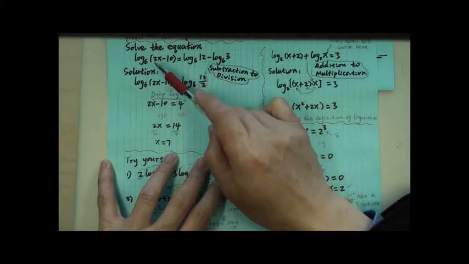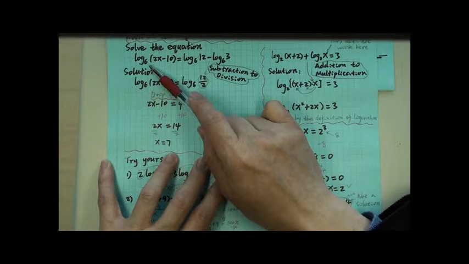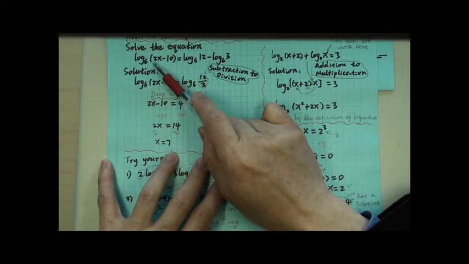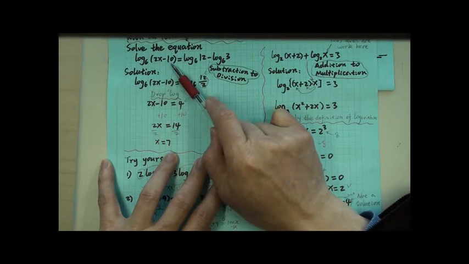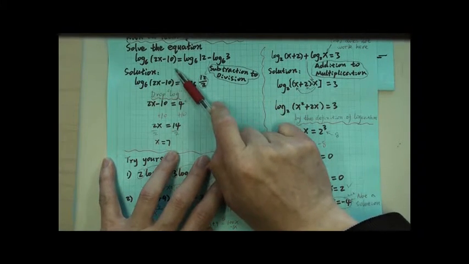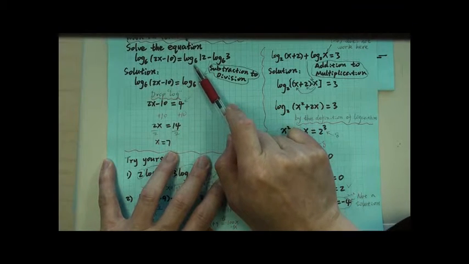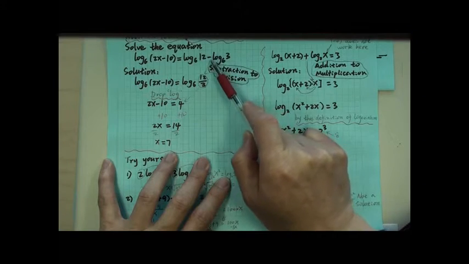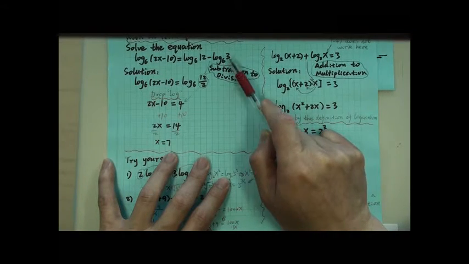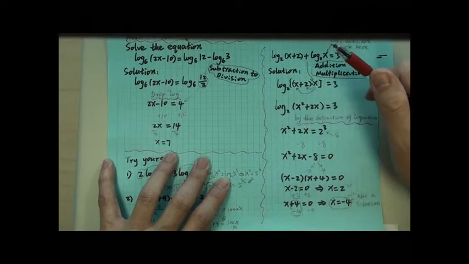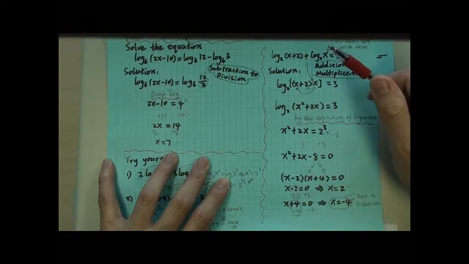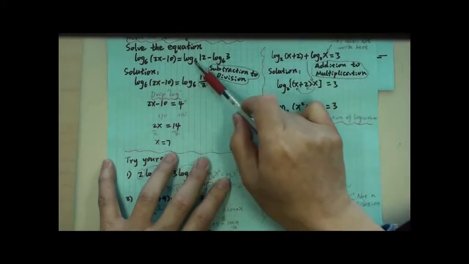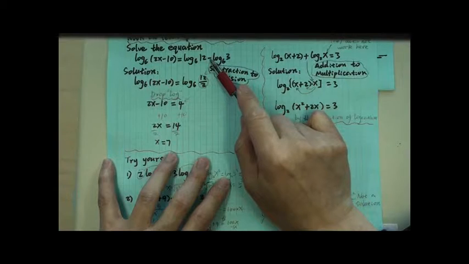This example says log base 6 of 2x minus 10 equals log base 6 of 12 minus log base 6 of 3. Do not drop the log at this moment because there is a subtraction here.